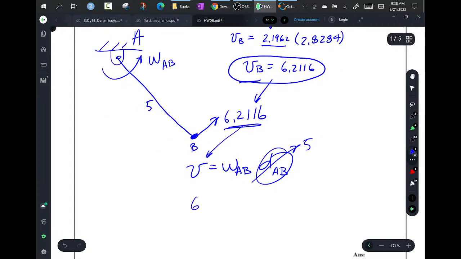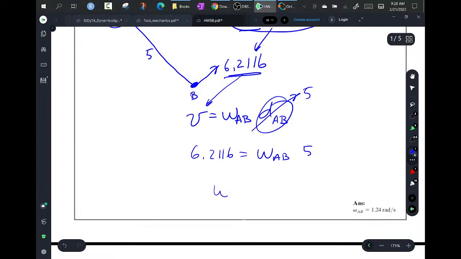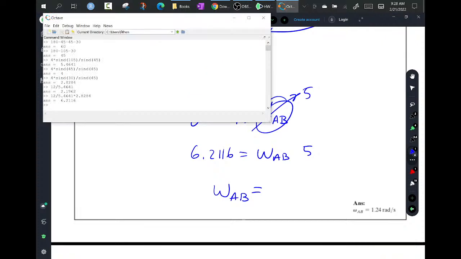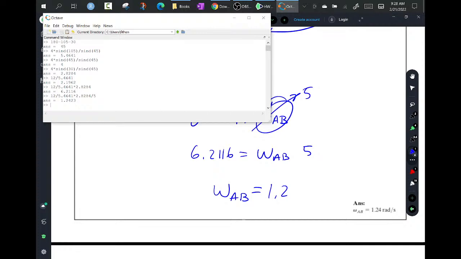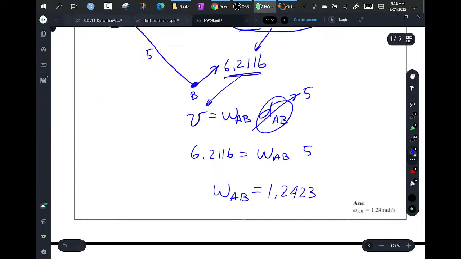So you get 6.2116 is equal to omega AB times 5, where omega AB equals 6.2116 divided by 5, which is 1.2423. We don't have a lot of room, but that's the answer.